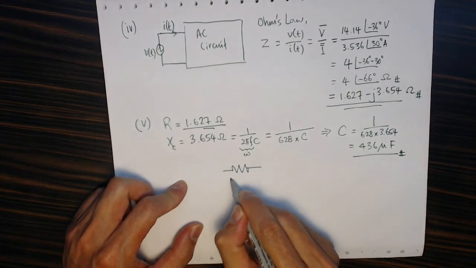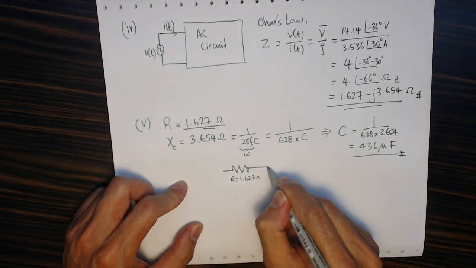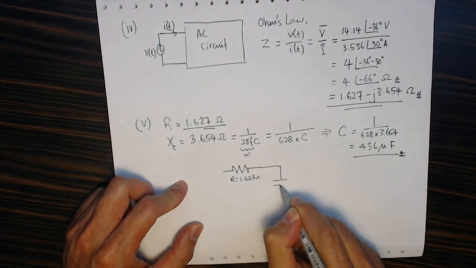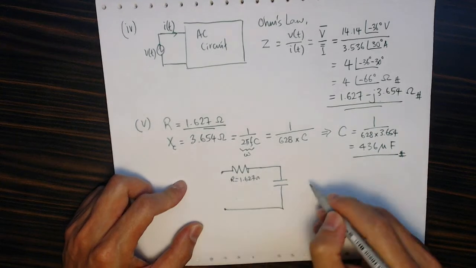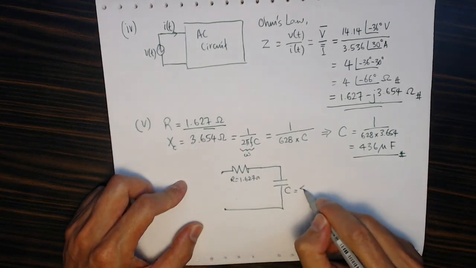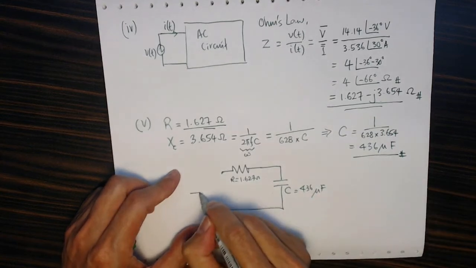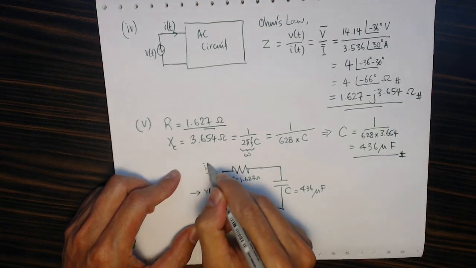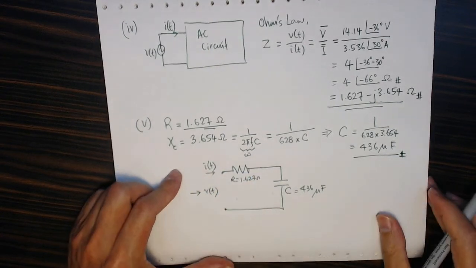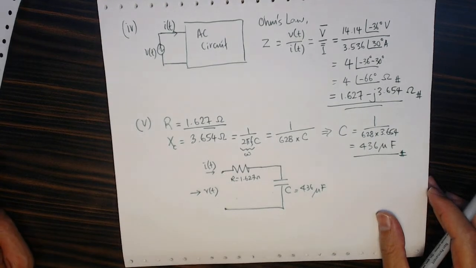This is the resistor R, equal to 1.627 ohms, connected in series, because it's plus, with a capacitor with a value of 436 microfarads. The input voltage is Vt, and the input current coming in is It. So that's the circuit required for part 5.